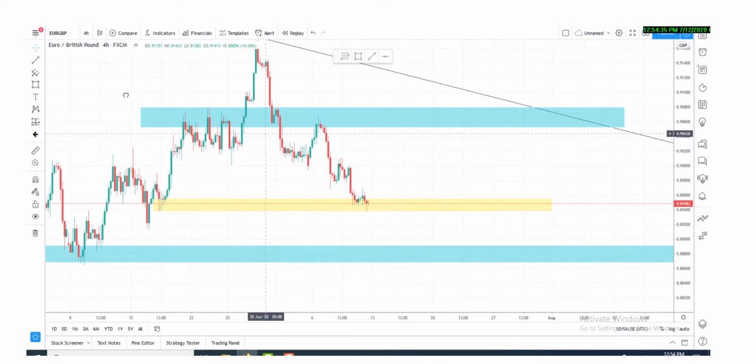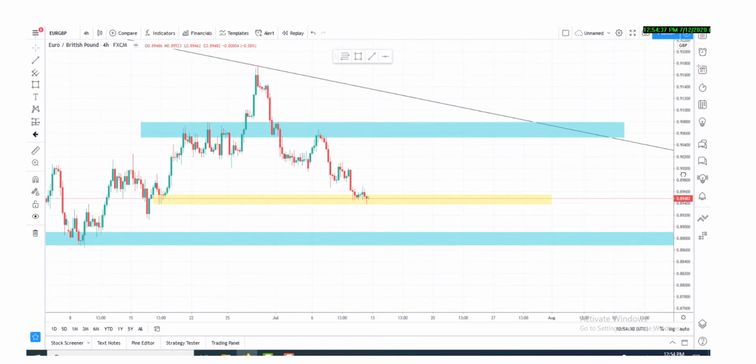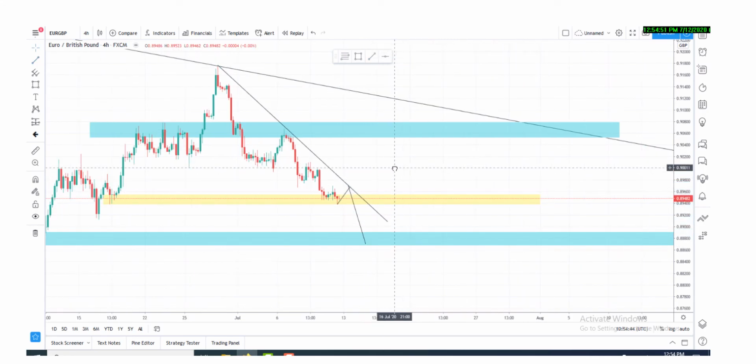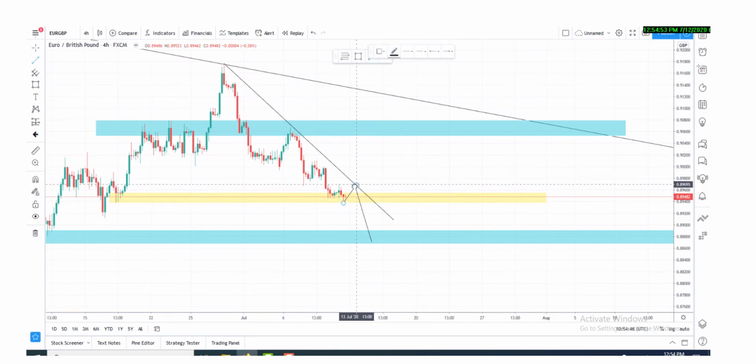Sorry, I forgot to mention, we have this trend line from this area to this area. So what may happen here, we can come up here and retest this level, then we go to these lows here, or we can have a break of this level, we come down here, retest this area, retest this trend line, and then we can think for buy until we reach, for example, first take profit here.